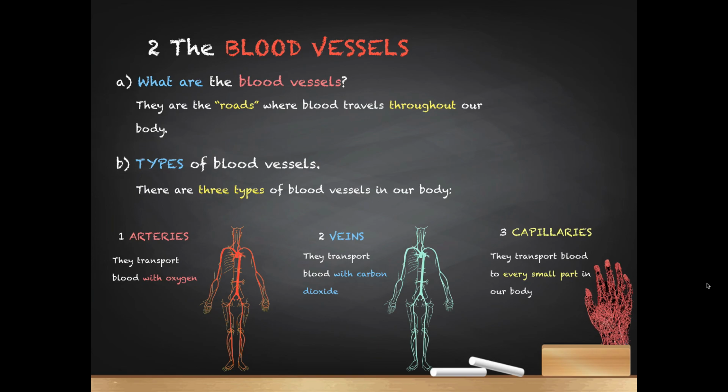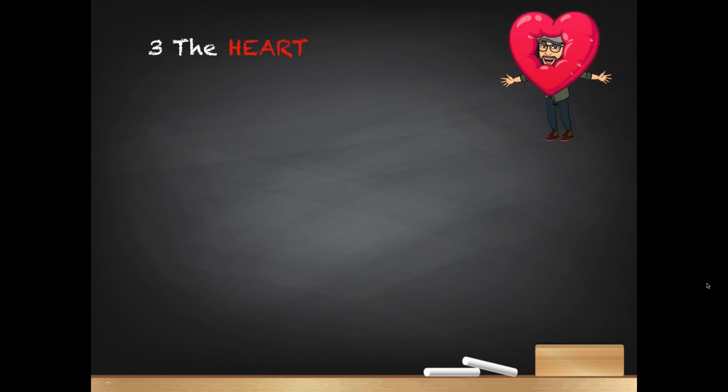If this is clear, let's continue with my favorite one. Number three, look, the heart. Yes, the heart. I miss you so much, students. And first of all, what is the heart? The heart is a muscle. It's an organ.